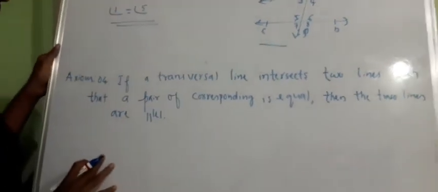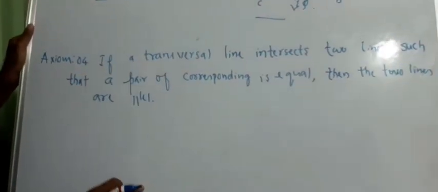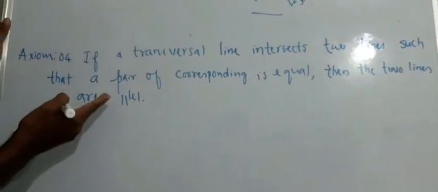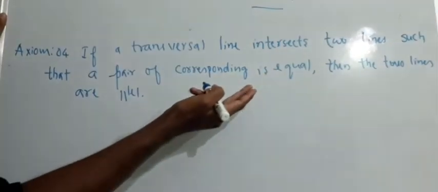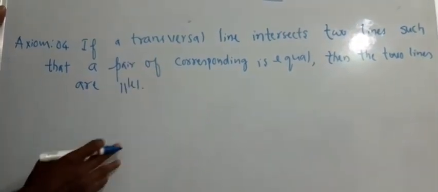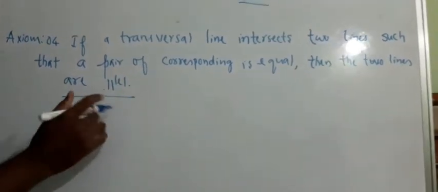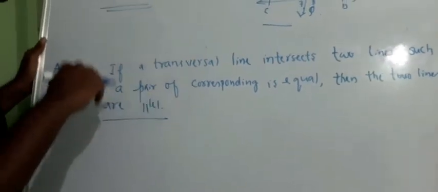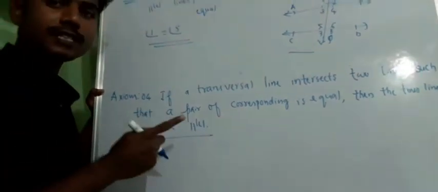Next, axiom number 4. If a transversal line intersects two lines such that a pair of corresponding angles is equal, then the two lines are parallel. See, the converse of axiom 3 is axiom 4. What does it say?